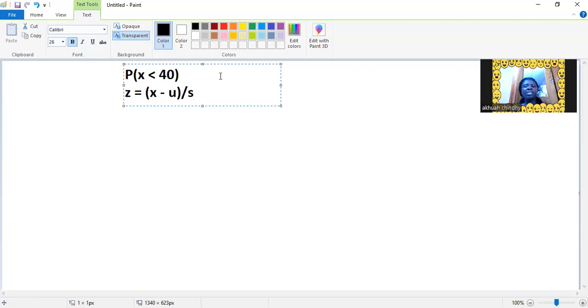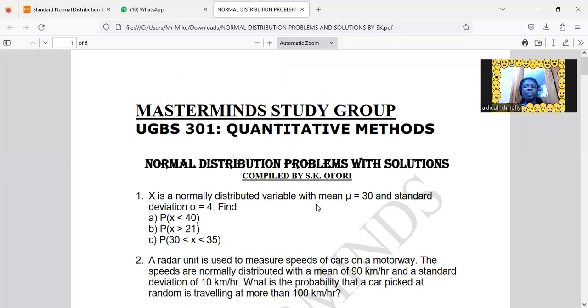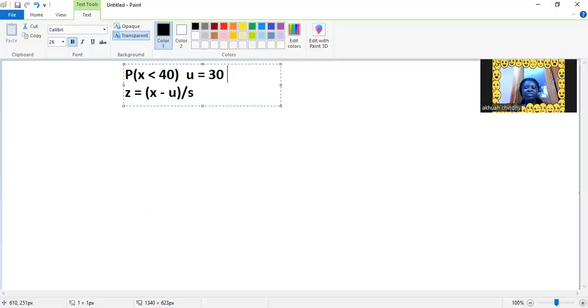From our question, we know that the mean is 30 and the standard deviation is 4. So you just substitute these figures into the formula.